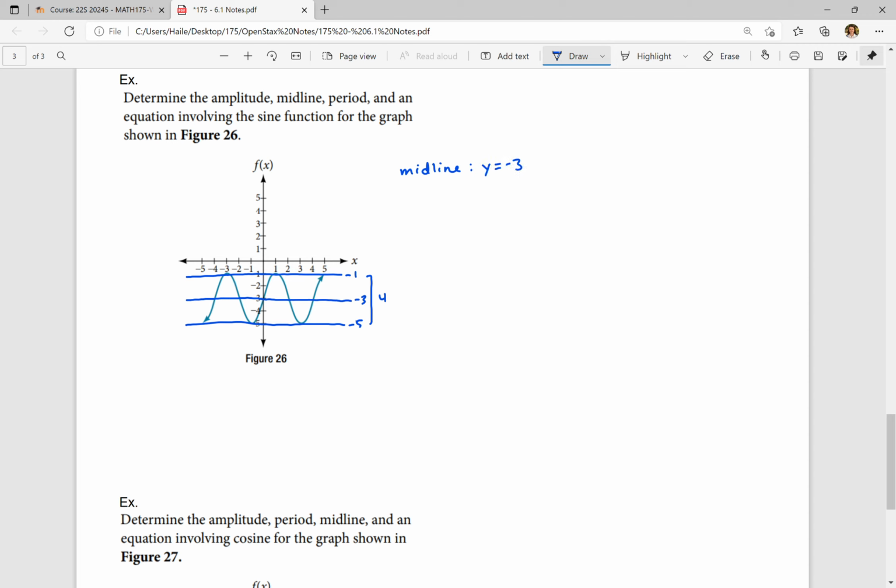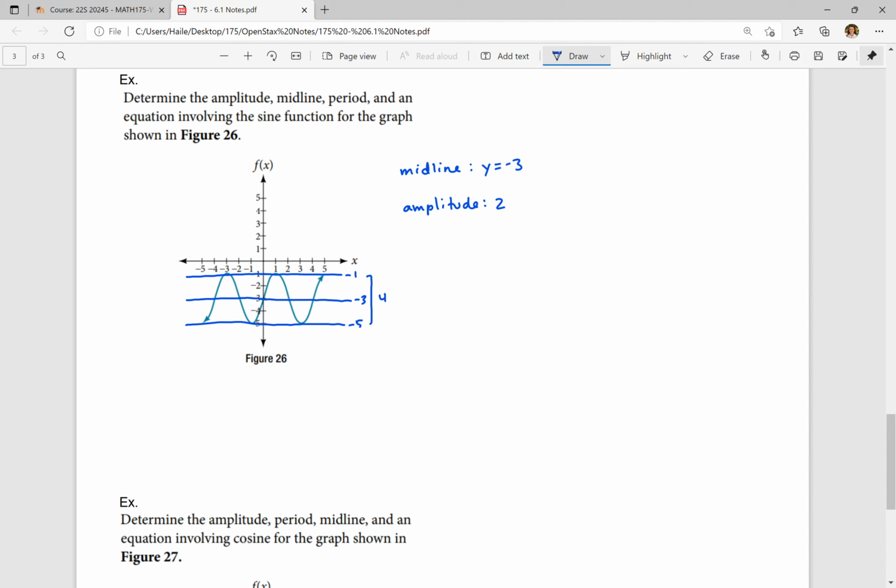So notice we're asking for a midline, which means we need to write the equation of a line, and the way we do that is y equals -3. Okay, now that I know the midline, I can find the amplitude. So the amplitude is basically the distance from that midline up to the top or the midline down to the bottom. So if our entire distance is 4, then the amplitude must just be 2.